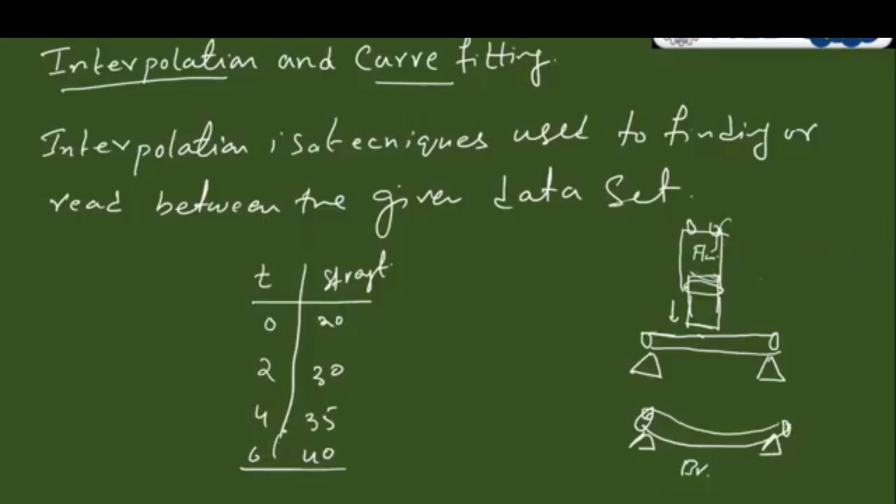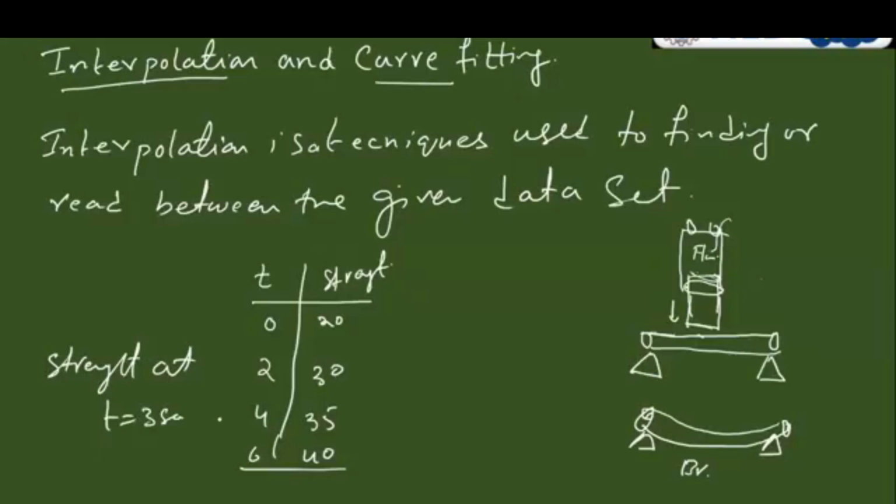Now you are required to know what you have. At 0 seconds we have this strength, at 2 seconds the strength of the metallic rod is this, at 4 seconds it is this, and at 6 seconds, from the start of the experiment, there is a fourth value, and after that it may break down. Now if someone asks, you have forgotten to record the strength at t equal to 3 seconds.